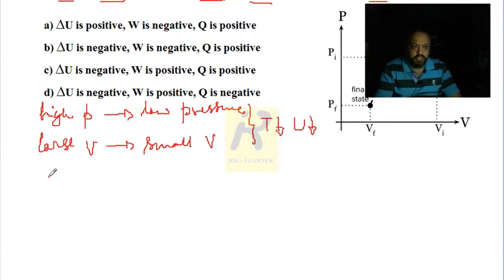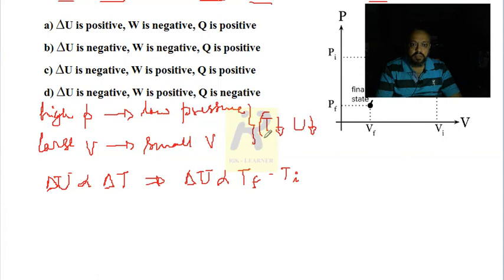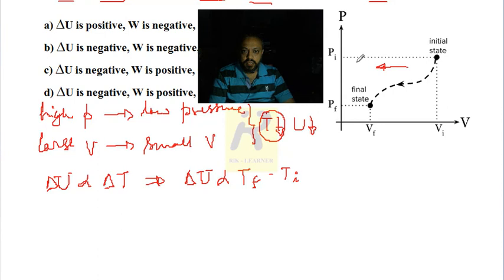U is nothing but internal energy, so the change in internal energy simply depends on the change in temperature. Change in internal energy is proportional to the final temperature minus the initial temperature. Here the temperature reduces when the graph moves from right to left.